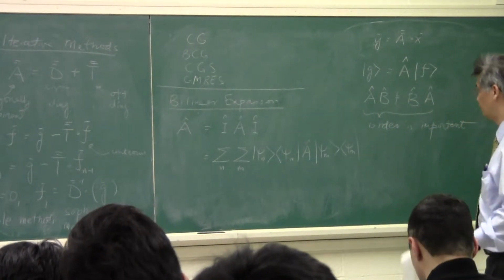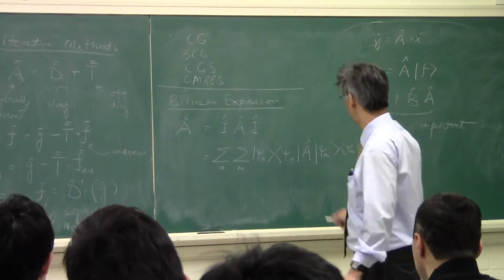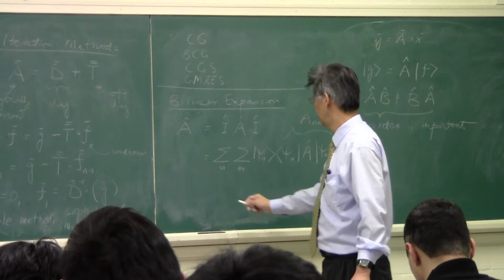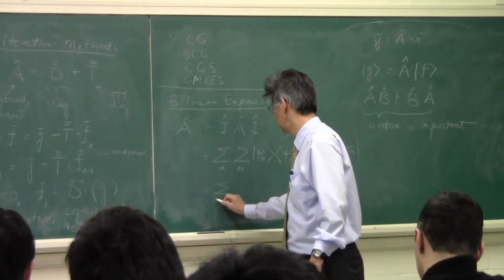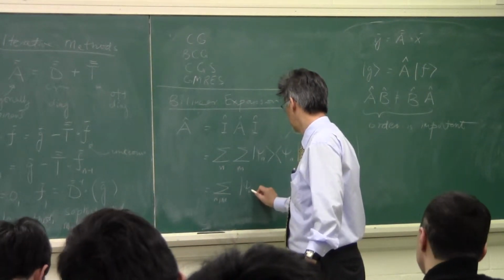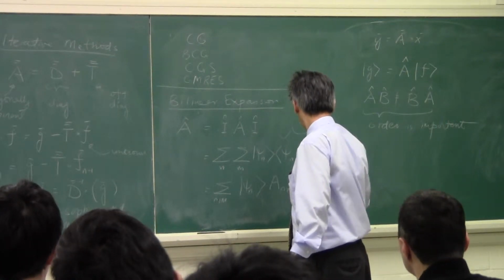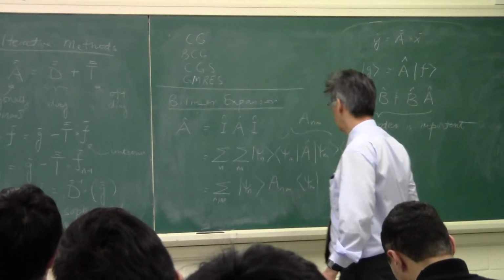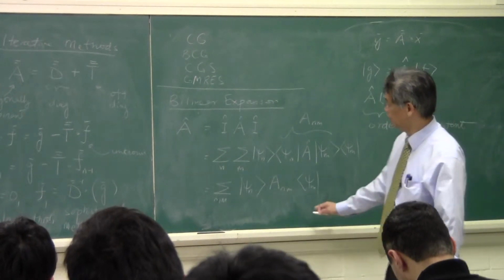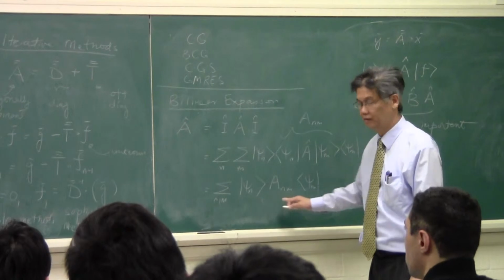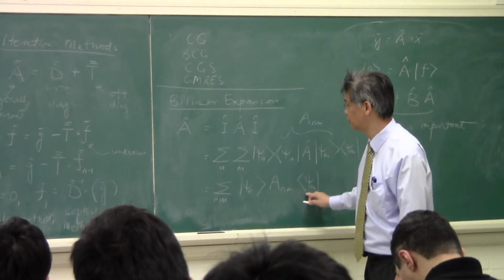And this is called a bilinear expansion because if I call this matrix element A_nm, it is of the form psi_n A_nm psi_m. In other words, you expand an operator in terms of two autonomous sets. And these vectors are the transpose of each other.